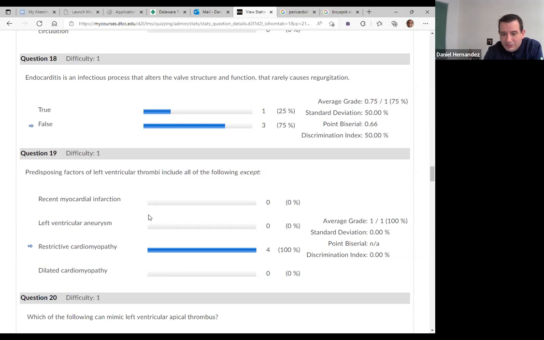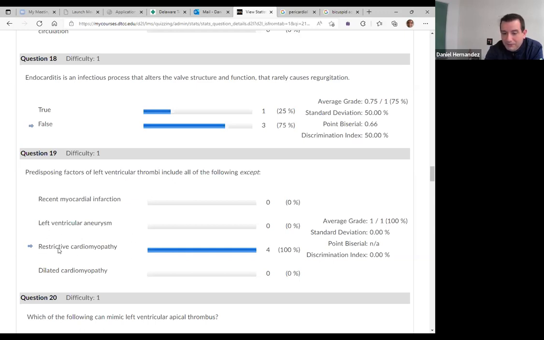So the ones that will fit the bill, we can worry about potential thrombus development within that aneurysmal segment of that left ventricle. Patients that have recent myocardial infarct, they would have a reduced EF that could potentially develop thrombi, particularly if it's an apical infarct. And then patients with dilated cardiomyopathy for sure.